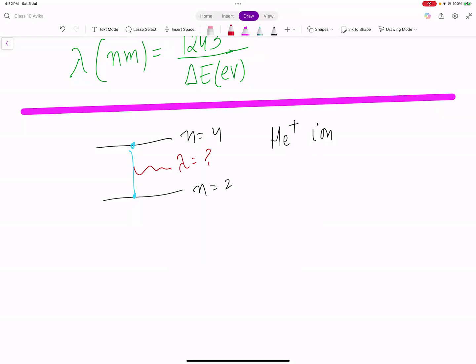First, we'll simply calculate the difference in energies. So delta E will be 13.6 Z square. Z is 2 for helium. We put the full formula first.